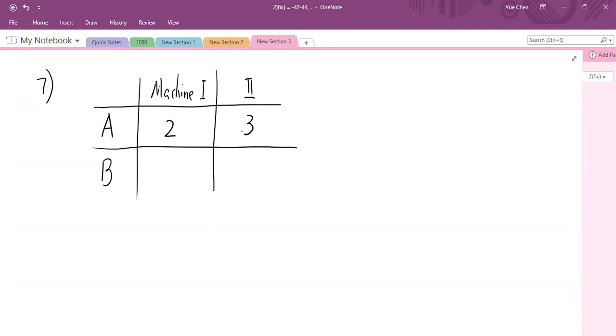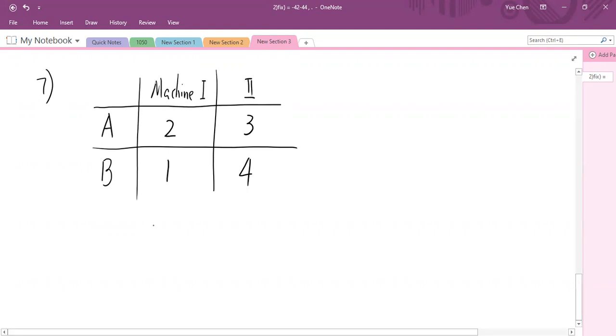And for product B, we need 1 hour on machine 1 and 4 hours on machine 2. So a product needs to go through 2 machines, machine 1 and machine 2. Okay. It says the machine 1 is available for at most 1,000 hours.